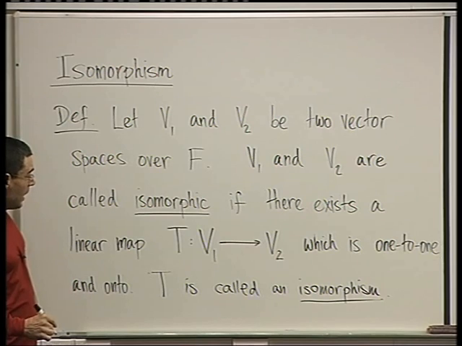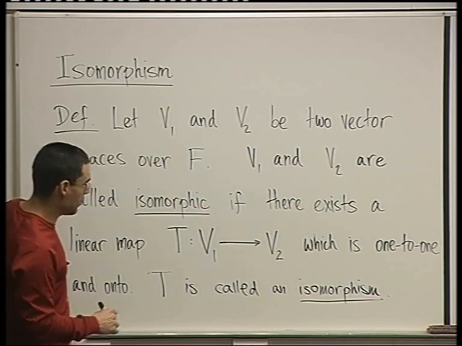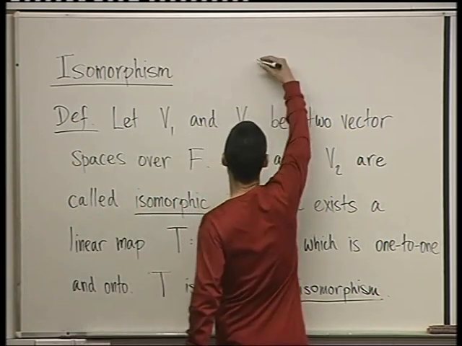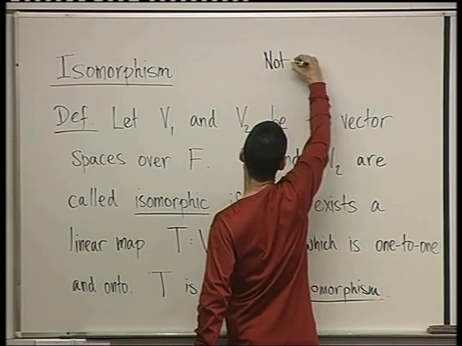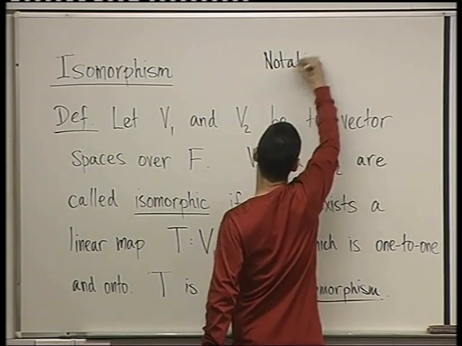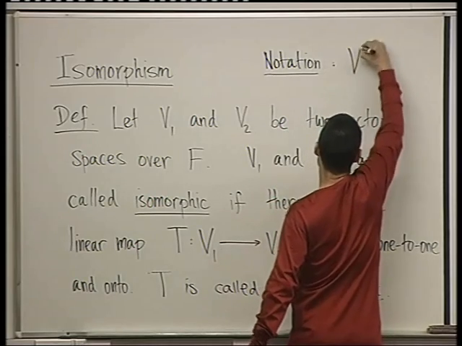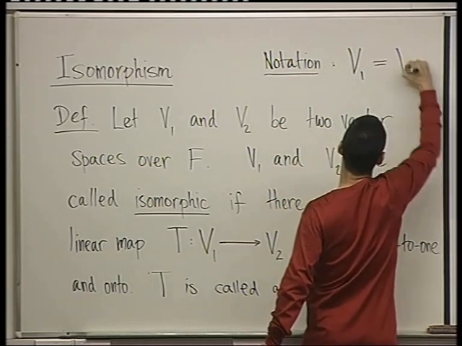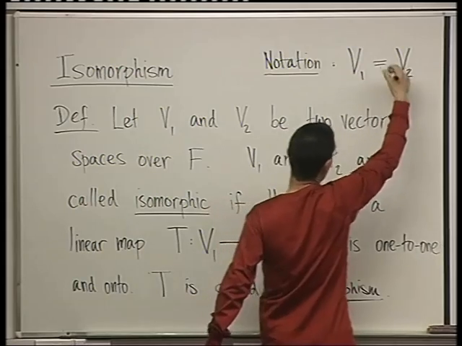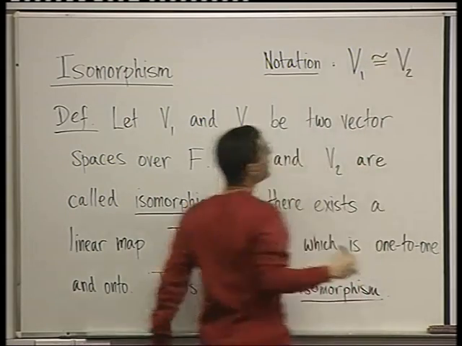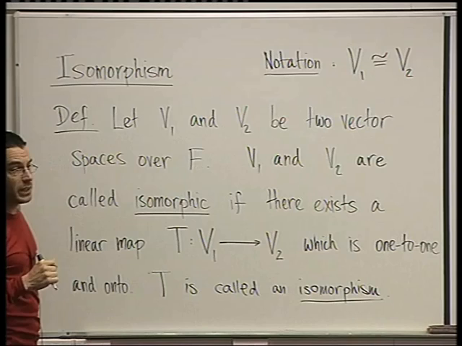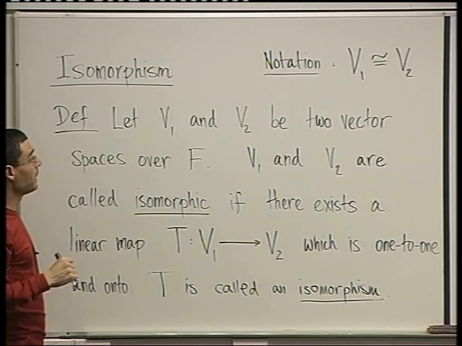Okay? And the notation, out of space here, maybe let's add it up here: when spaces are isomorphic, we write V1 equals V2 with a tilde above the equal sign.